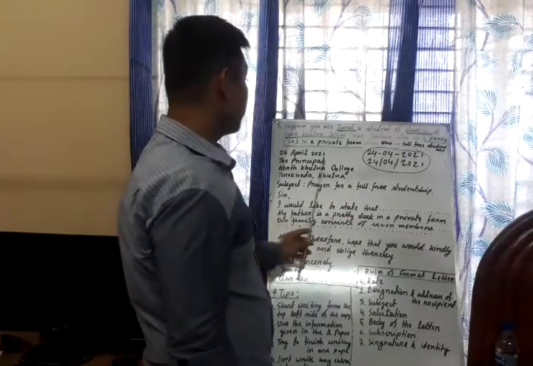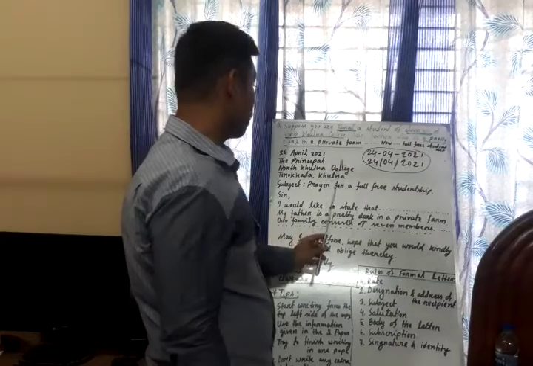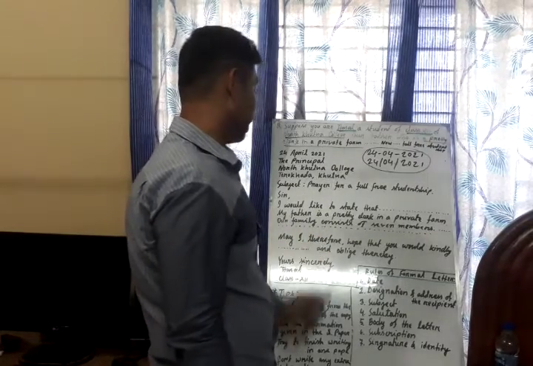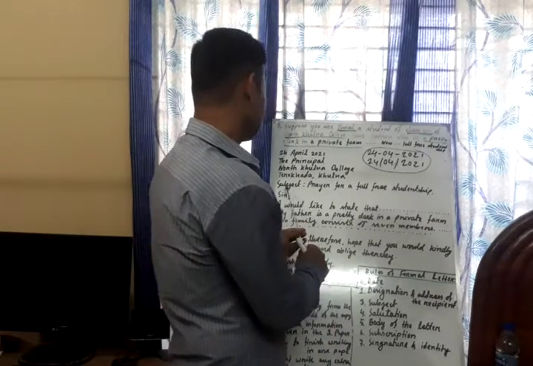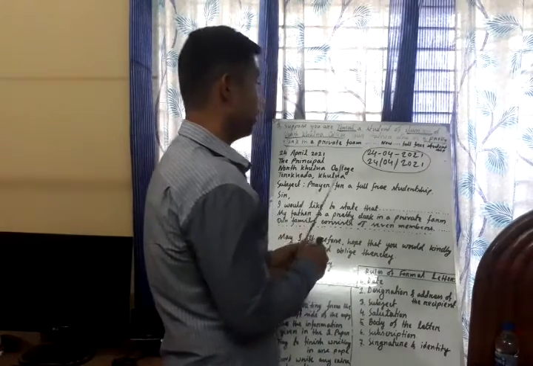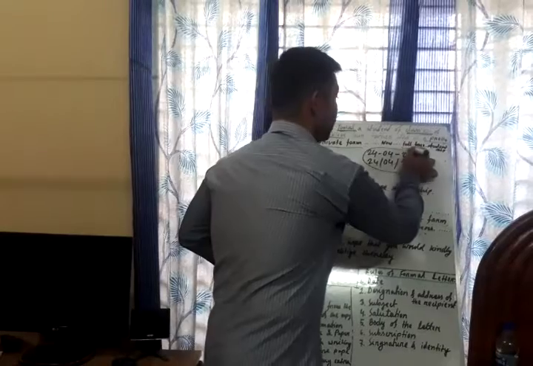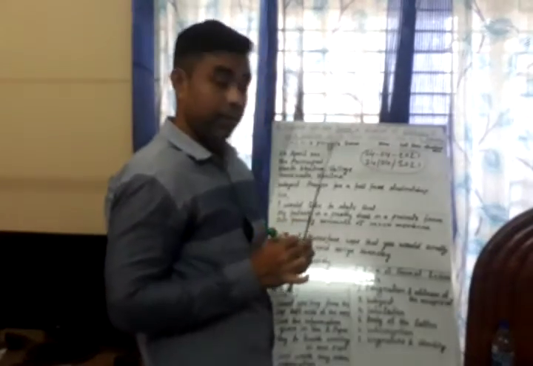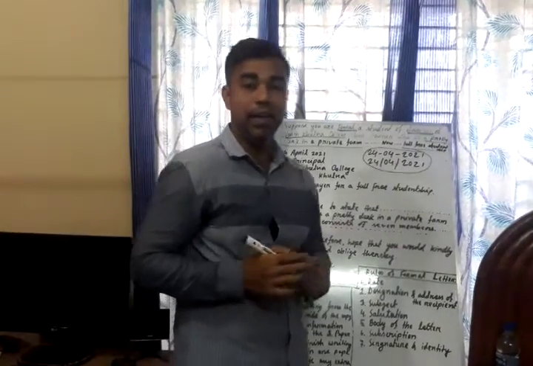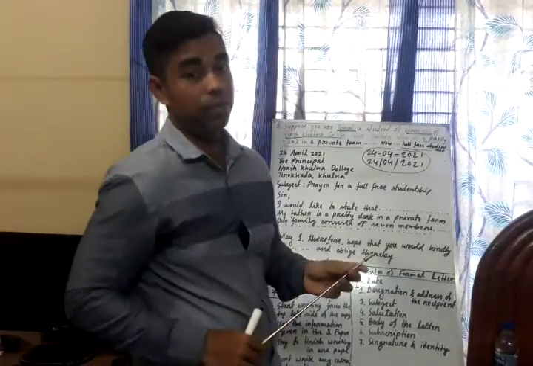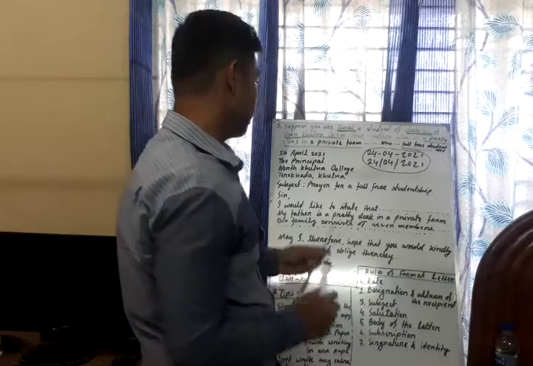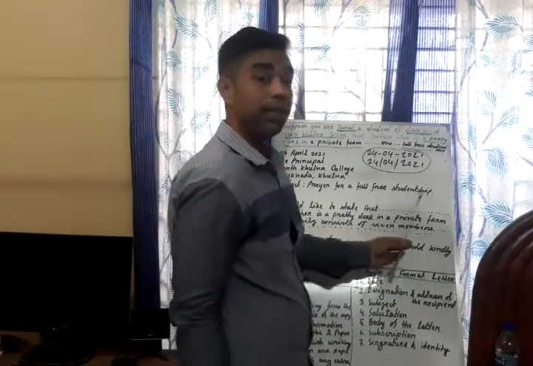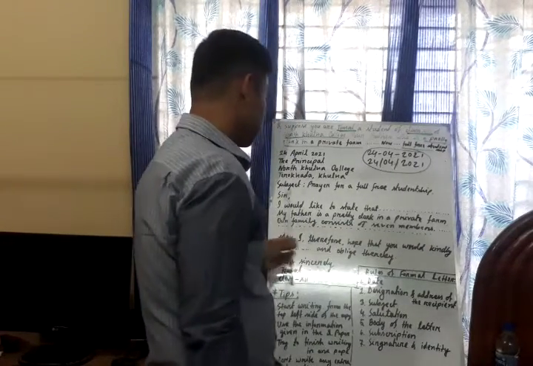So, the Principal, North Khulna College, Tarakanda, Khulna. Then the subject matter is mentioned here: full free studentship. You are writing a formal letter to the principal of your college for a full free studentship. So, prayer for a full free studentship. This is your subject.